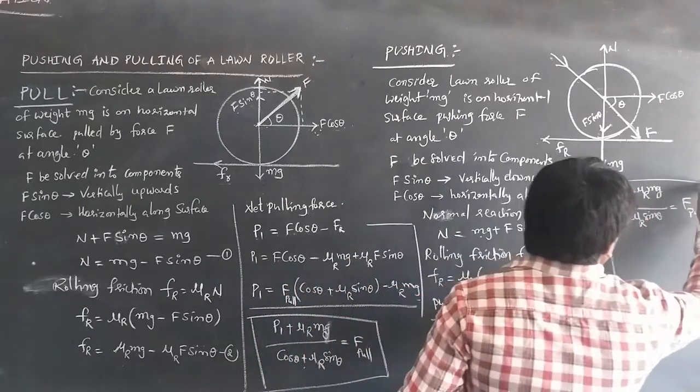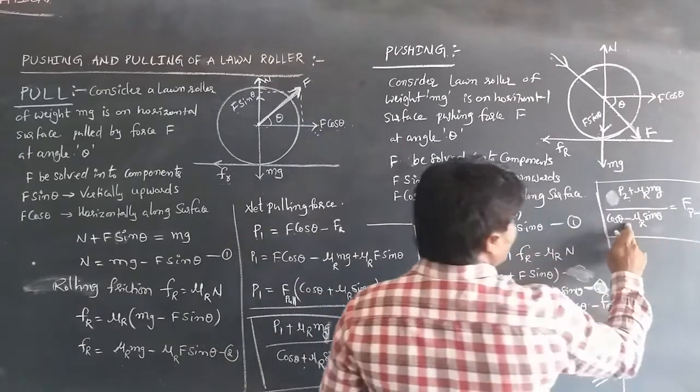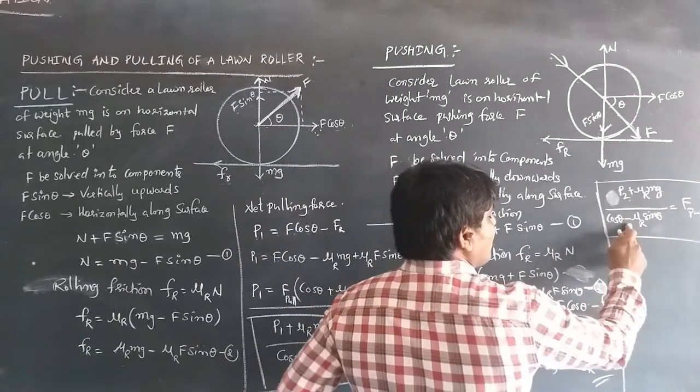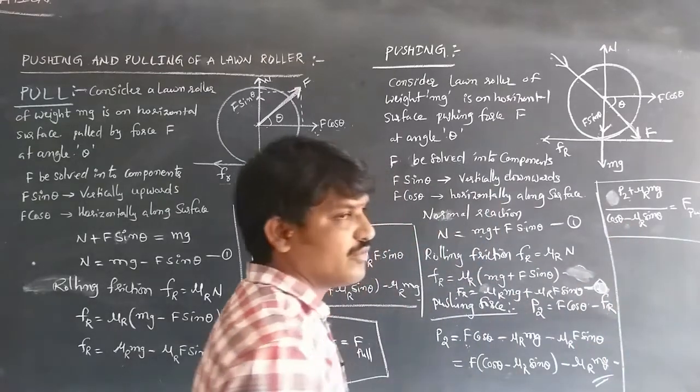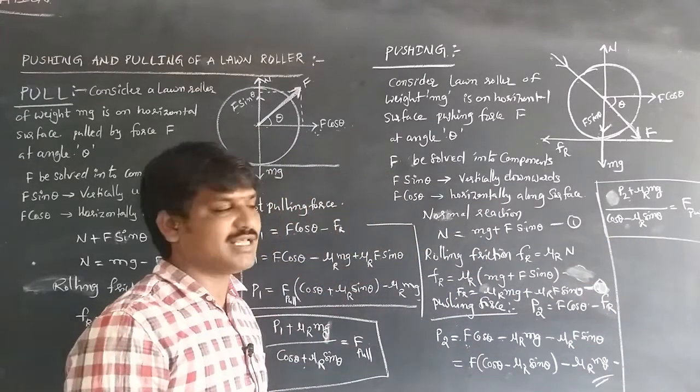So here we can write that the pushing force requires more force than the pulling force. We can say that the net pulling force P1 is less than the pushing force.